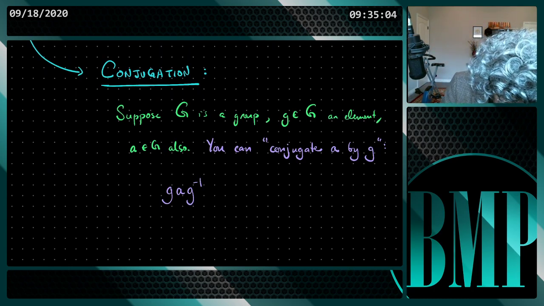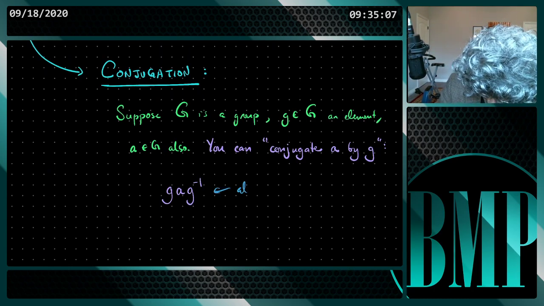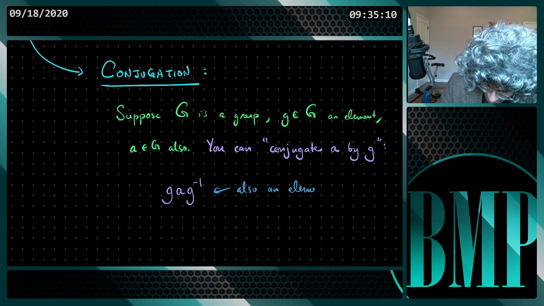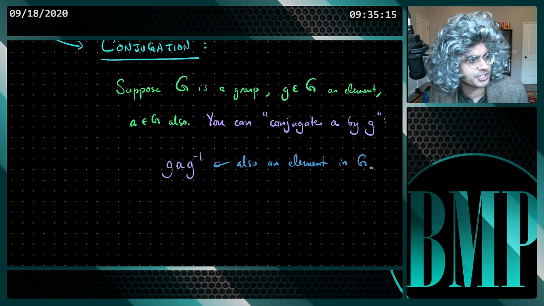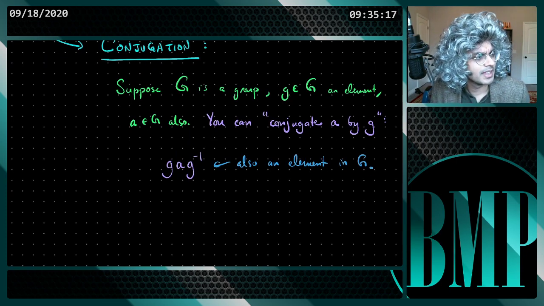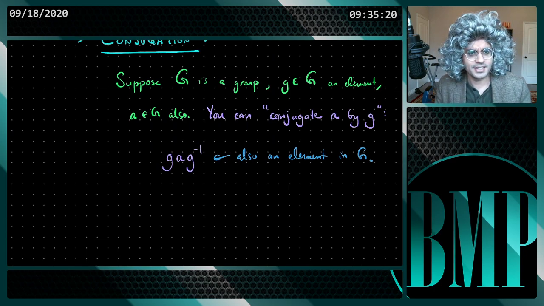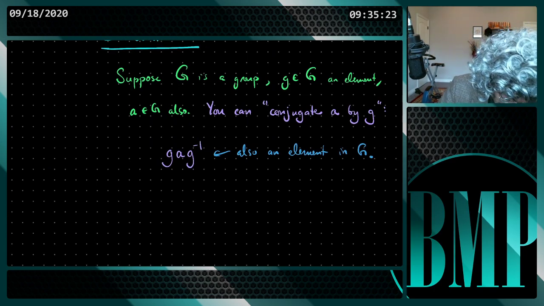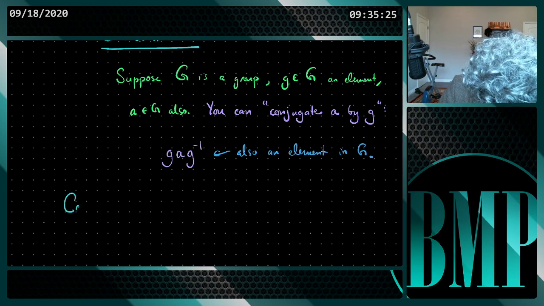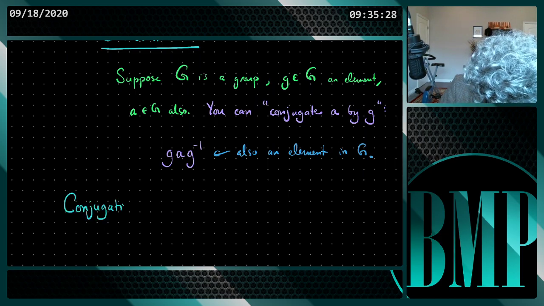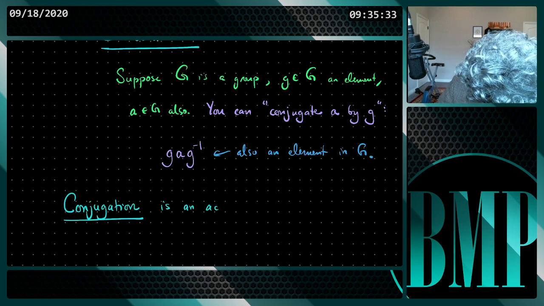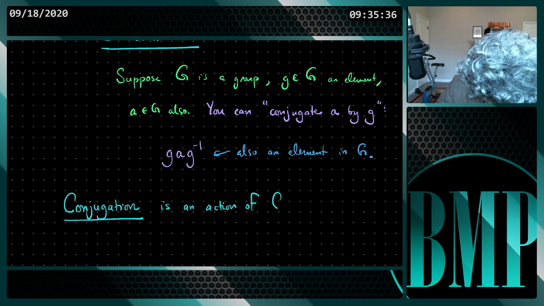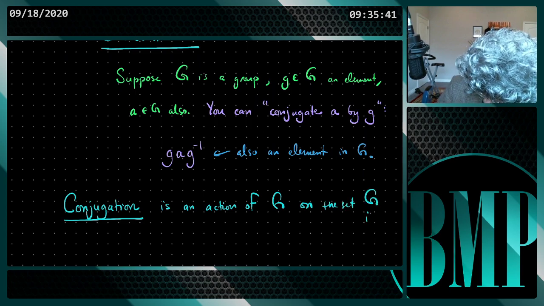So this is also an element in G. Okay. So this will be a tongue twister. The tongue twister is the following. Conjugation is an action of G on the set G itself.